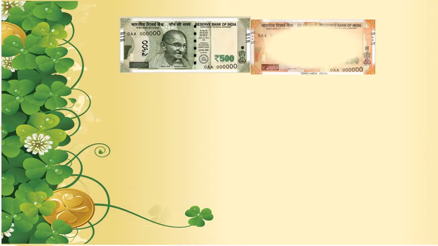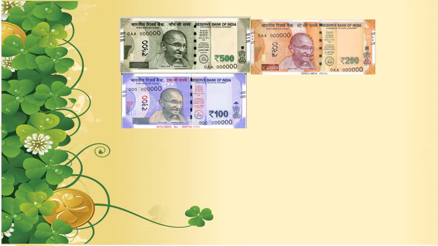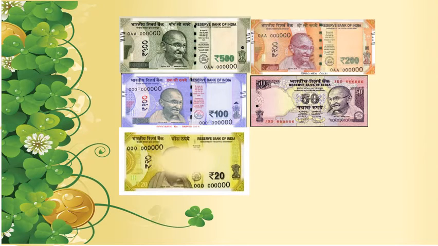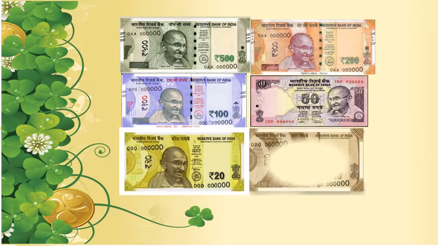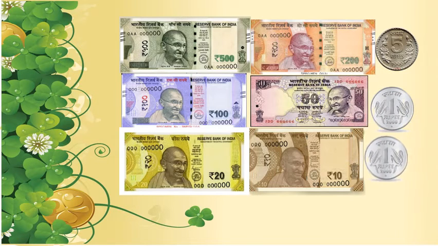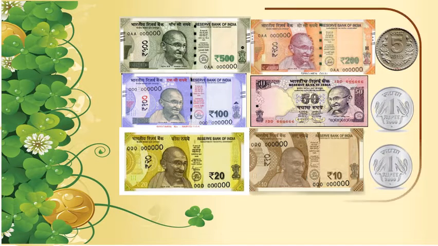500 rupees note plus 200 rupees note. Here we can see 100 rupee note, 50 rupees, 20 rupees, 10 rupees. Now here 5 rupee coin, 1 rupee coin and one more 1 rupee coin.